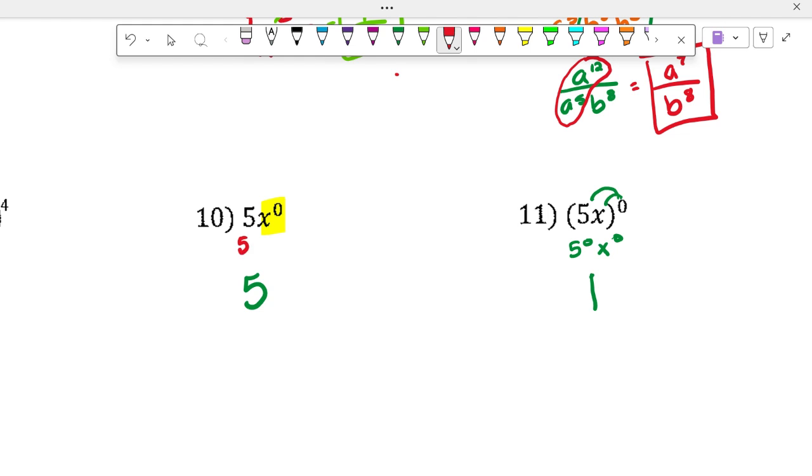So this would actually be 5 times 1. The 5 doesn't go away. So again, that's something else you've got to be careful about. Just because a variable is raised to the 0 power does not mean it also applies to the coefficient. The only time it does is if it's a power rule.